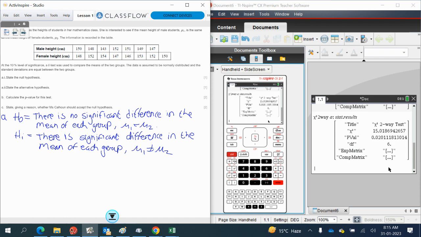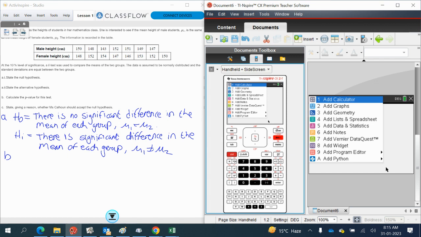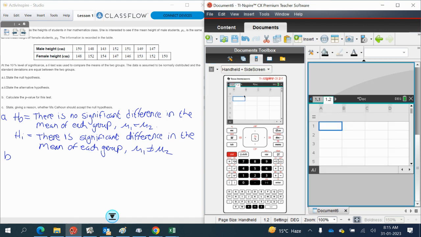Calculate the p-value for this test. Okay, so get your calculators ready. So for this one, you put it into the spreadsheet. So you press Control, Add Page, pull up a spreadsheet. Here we've got males, females. Type your data in carefully.